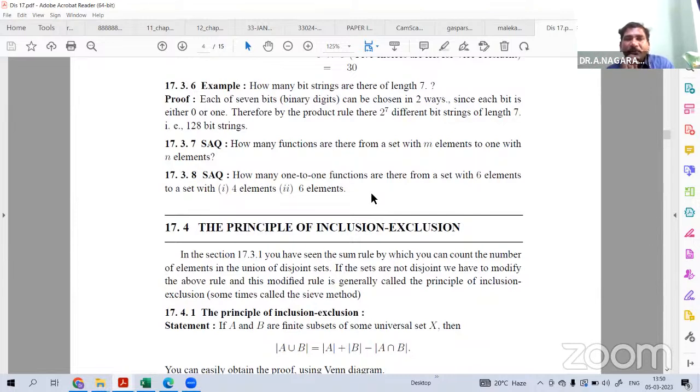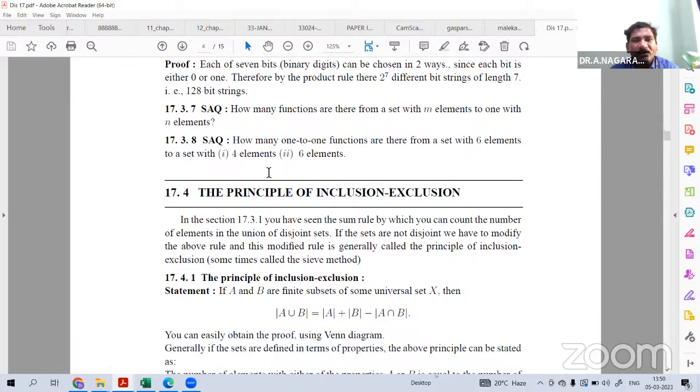Therefore, by the product rule, there will be 2^7 different bit strings of length 7 that we can make. So 128 bit strings we can create, and these are binary digit strings.